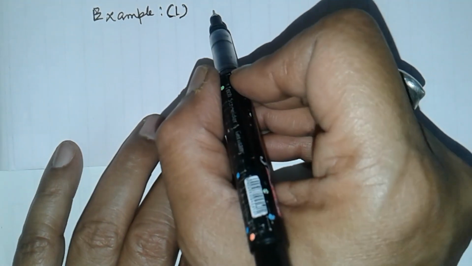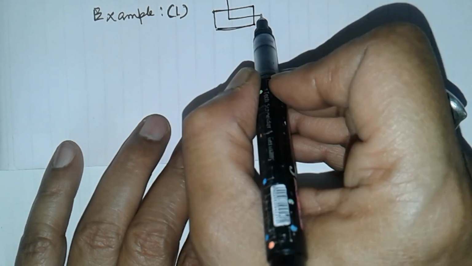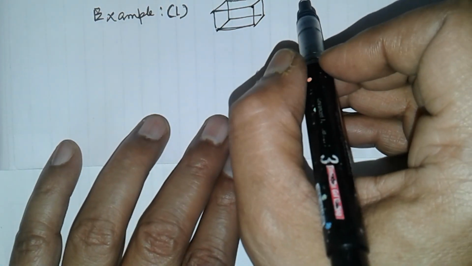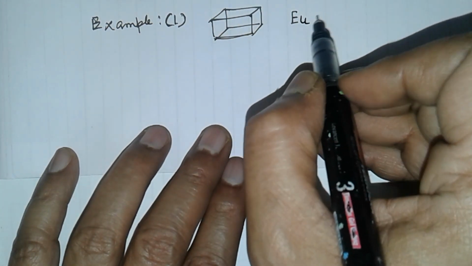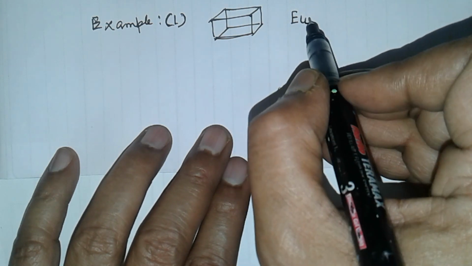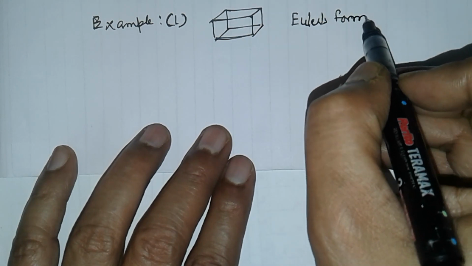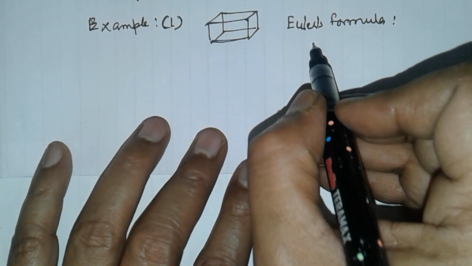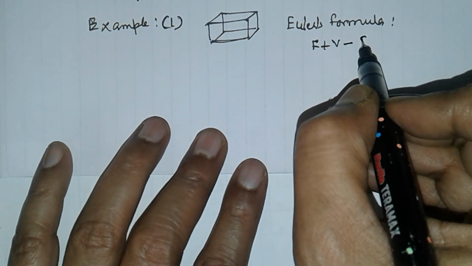Example number 1. Suppose we have made one cuboid. Now Euler's formula is F plus V minus E should be equal to 2.